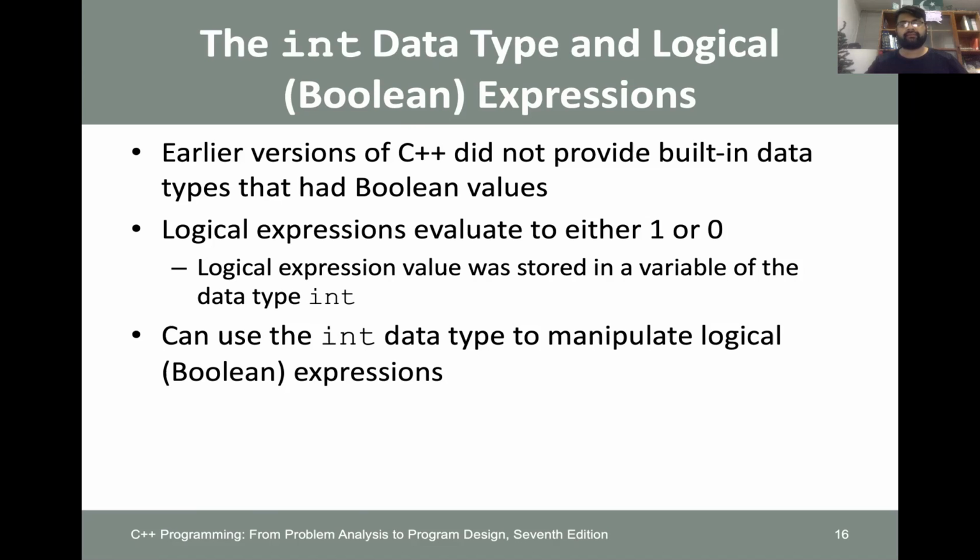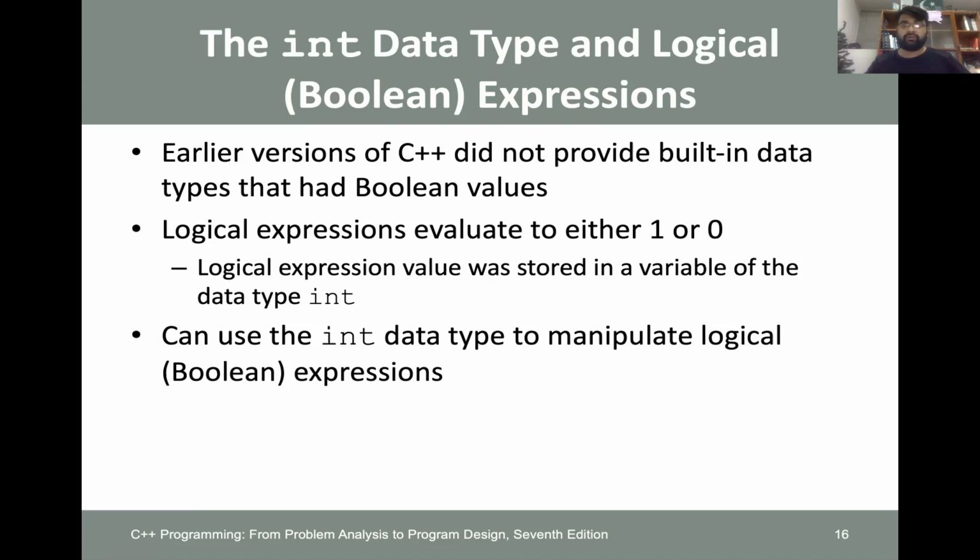Hence the logical expression value in the earlier systems was always stored in a variable of the data type int. You could not use the bool data type that you can now use. If the int was 0, it was false, and true otherwise for any positive integers.